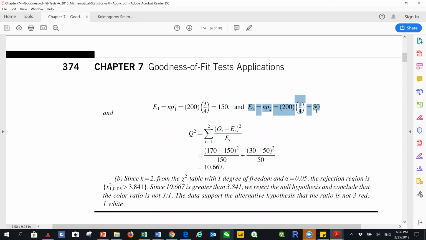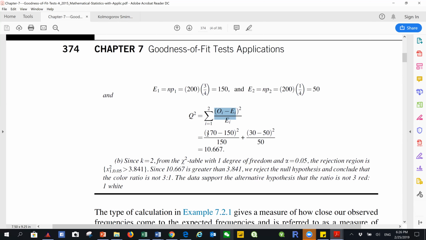Given that ratio, out of 200 there should be 150 red flowers and 50 white flowers. But actually you have 170 red flowers and 30 white flowers. So let's compare them respectively according to the formula. This is how you calculate it, and you get chi-square equal to 10.667.